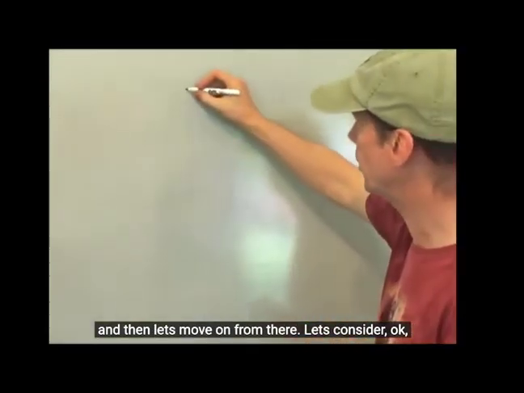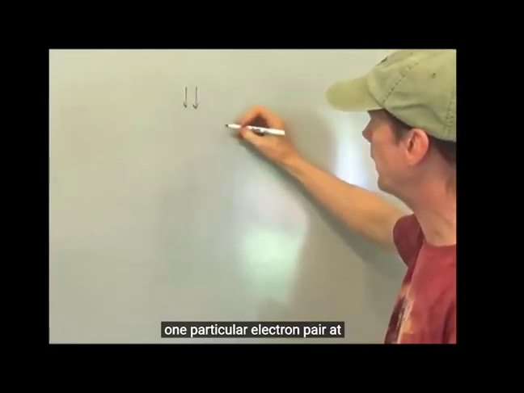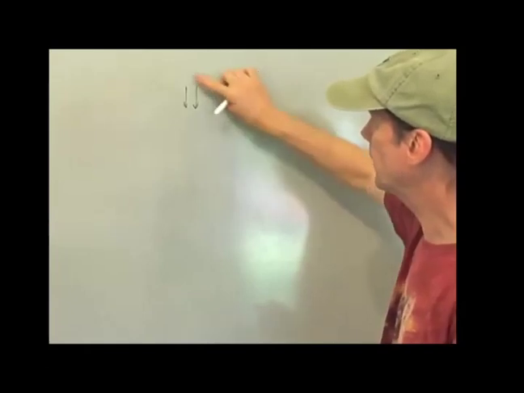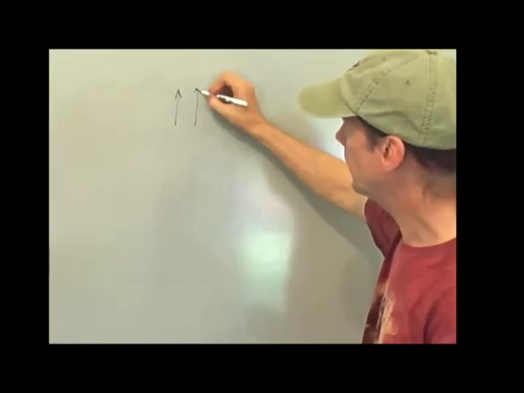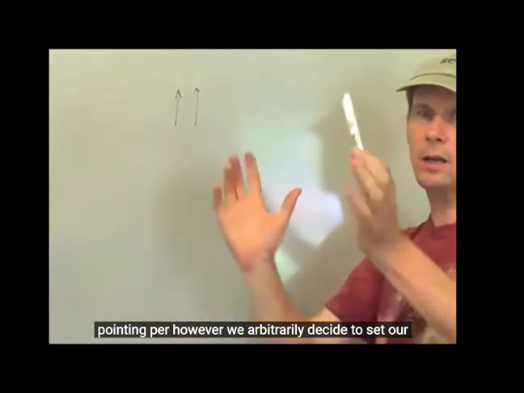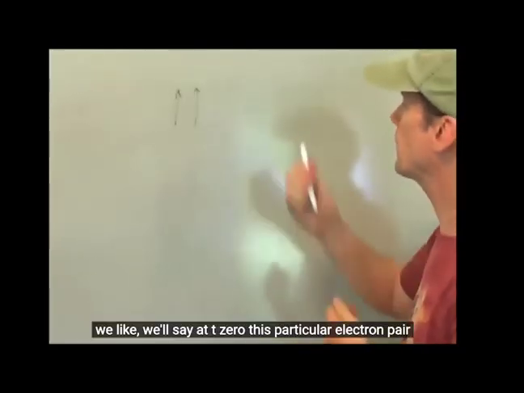Let's consider one particular electron pair at T0, at that point in time. We'll say they're both pointing, per however we arbitrarily decide to set our coordinate system for rotational motion.